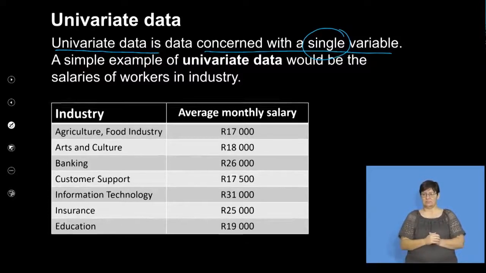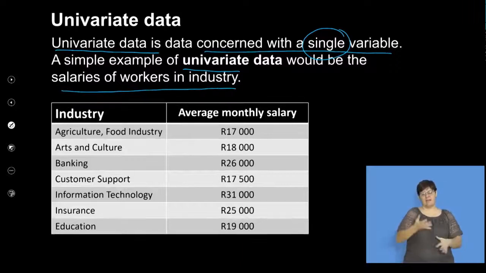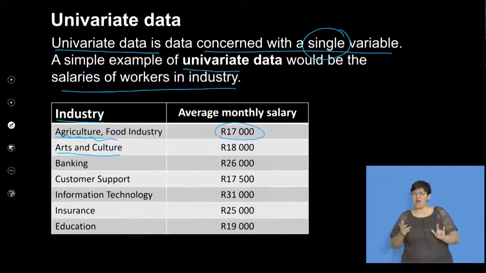I'll give an example. A simple example of univariate data will be the salaries of workers. Let's look at this in an industry. So univariate data would be data of this nature. This is the industry. We talk about agriculture and food industry, so the average monthly salary is 17,000. Okay, so that's a single data point for this sector of the industry. Arts and culture, the average salary is about 18,000.